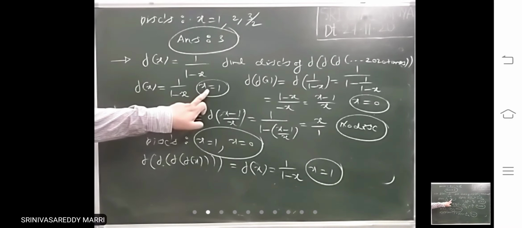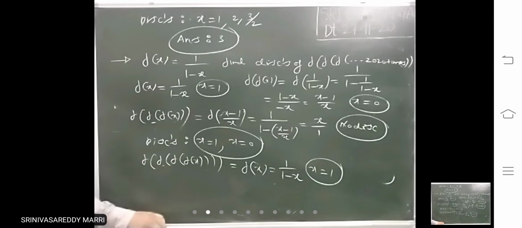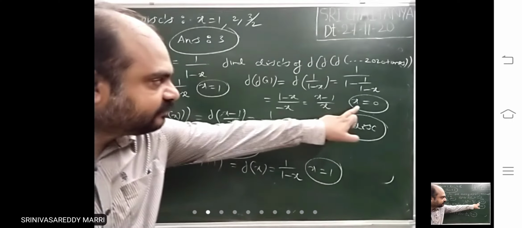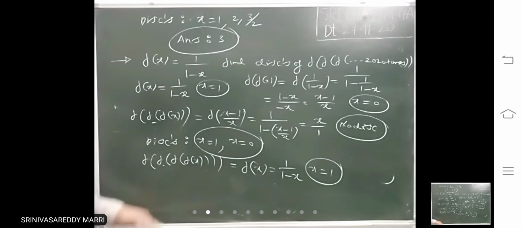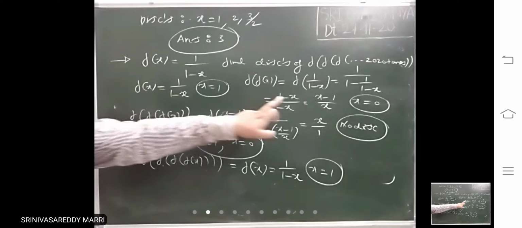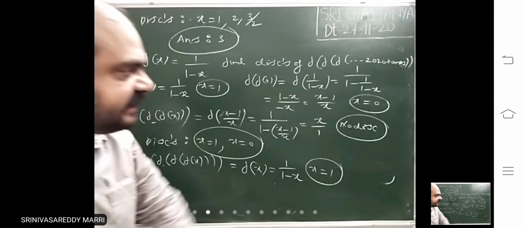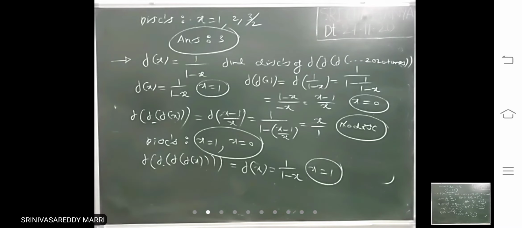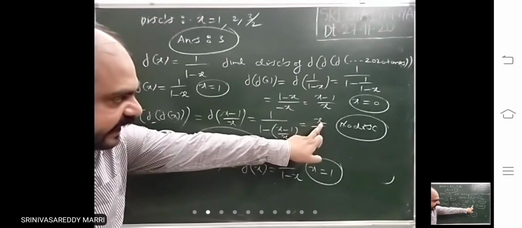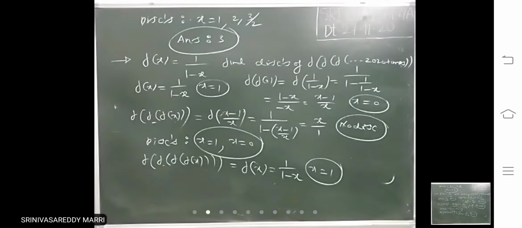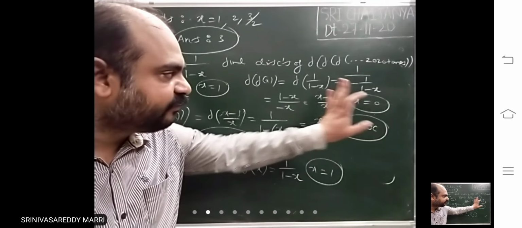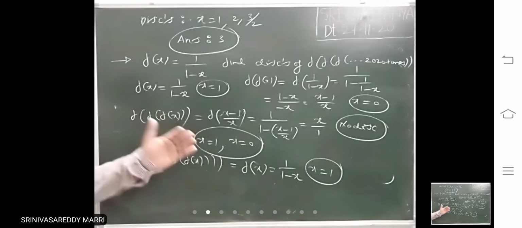Next, one more if you add, the same thing you will get. After that, the same values will come: x equal to 1, x equal to 0, it will repeat once again. That means you do the procedure till you get x. There stop. Then the discontinuities are 1 and 0. After that, the same thing will repeat again.